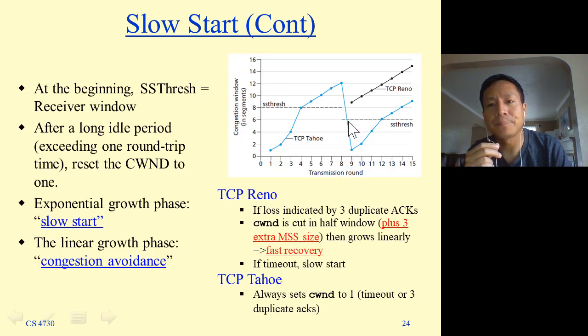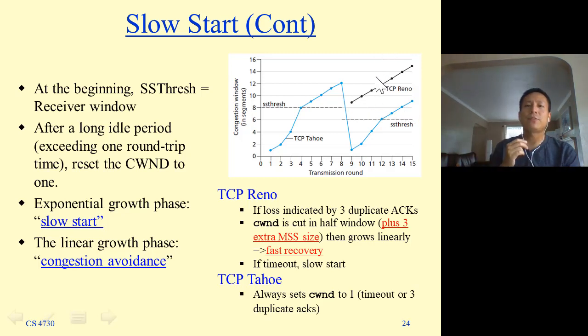You cut by half, you add 3 additional MSS. And from there, you begin the congestion avoidance, the linear increase. That's the same thing as in TCP Tahoe.